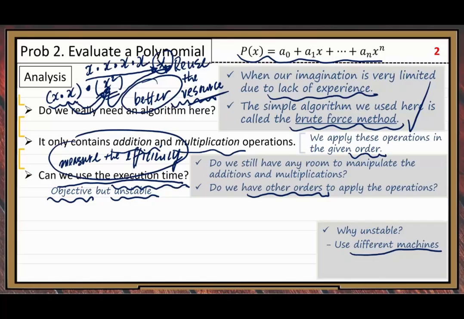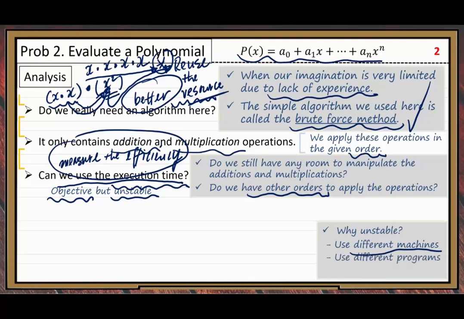So you use a lot of computing resource. But another possibility, you use some low-end computer. So then the execution time will be different. So that's the first special case. It is unstable.